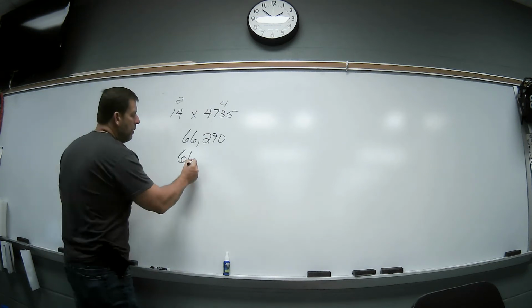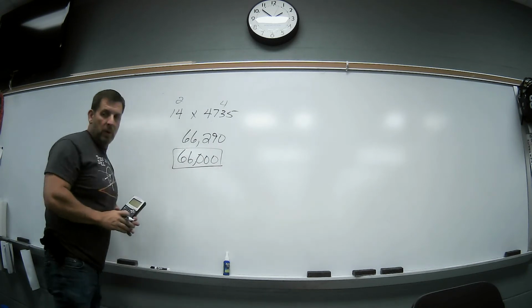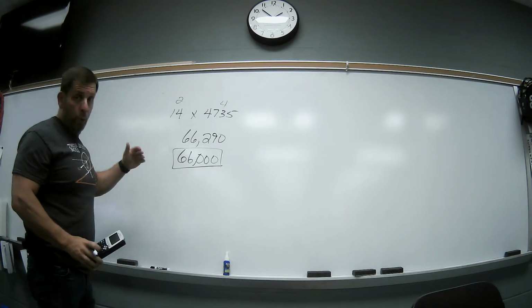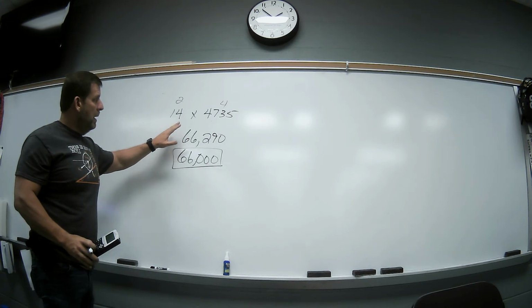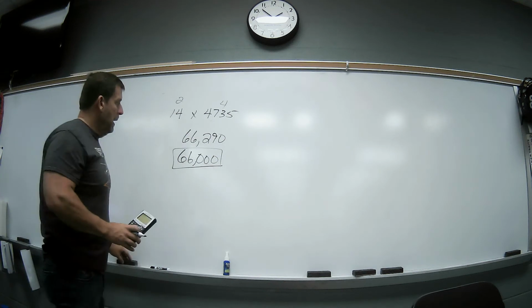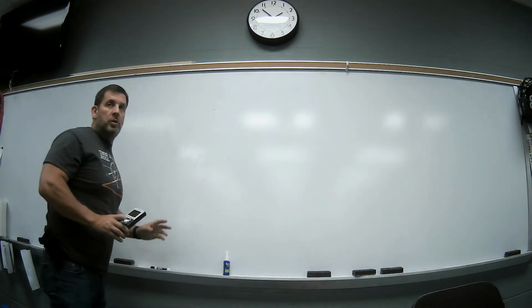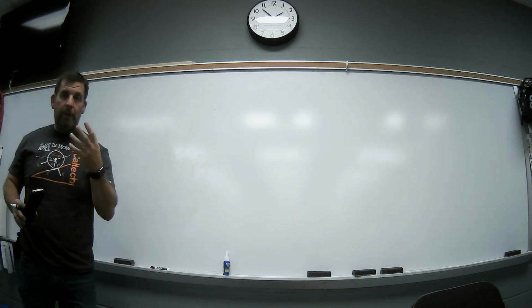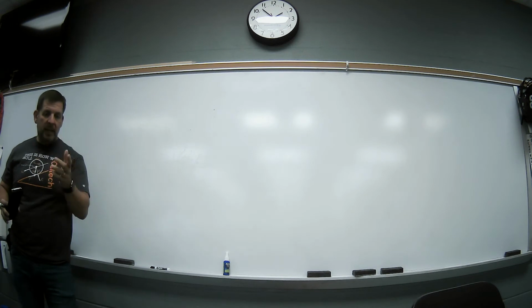So remember, 66,000 is the correct number of sig figs. The rule for multiplication and division is the same: the one with the least number of sig figs is what you go by. Now, let's move right along. That was a brief review of sig figs.